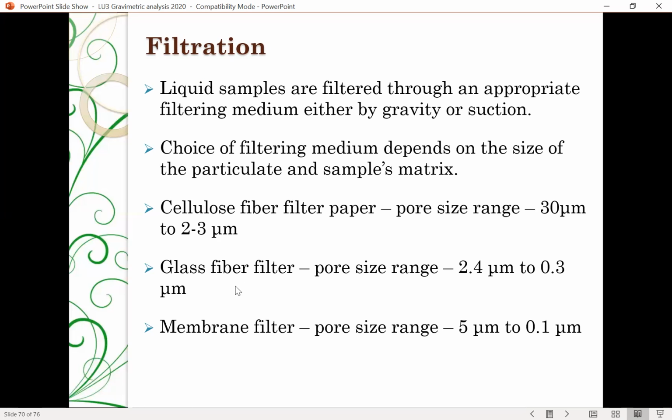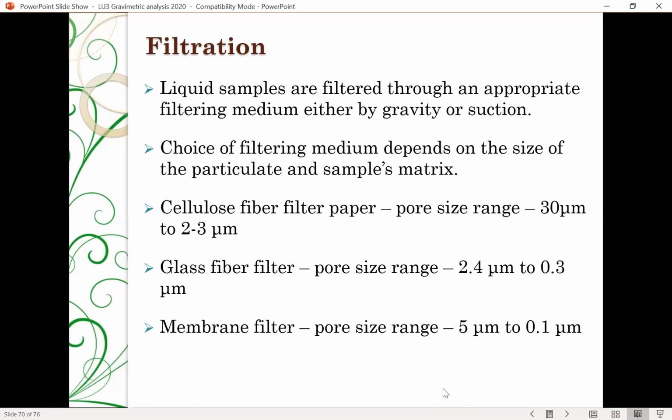Glass fiber filter caters for particulate with pore size range between 2.4 micron to 0.3 micron. If you look here, this is finer compared to the cellulose fiber filter paper. Okay, and membrane filter is for particulate with pore size range between 5 micron to 0.1 micron.